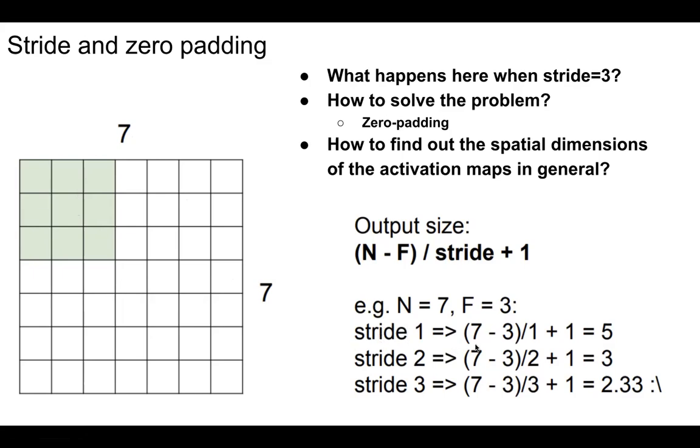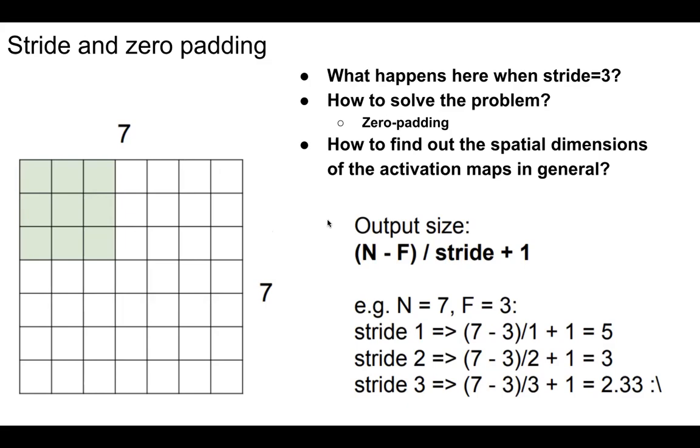If the stride is 1, the output size is calculated using this formula: (n minus f) by stride, entire thing, plus 1. N is the size of the image, f is the size of the filter.